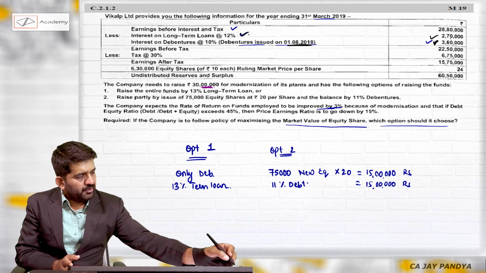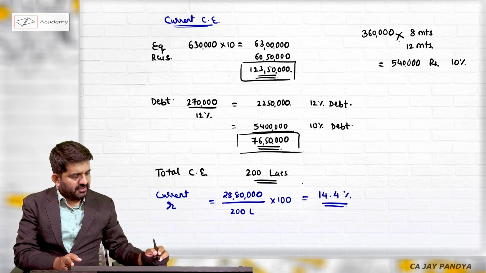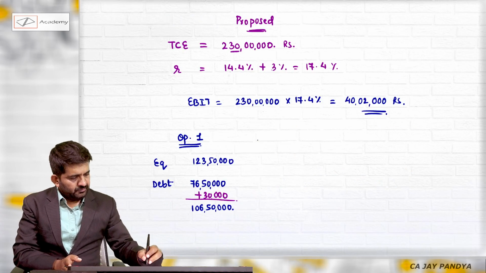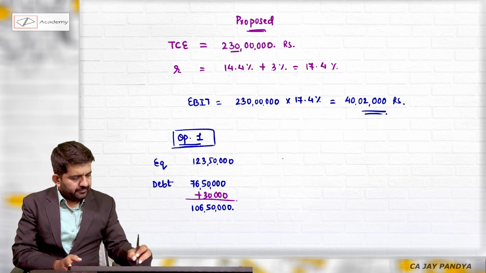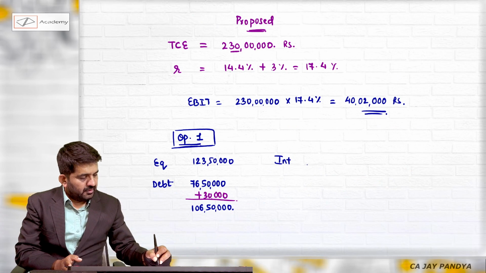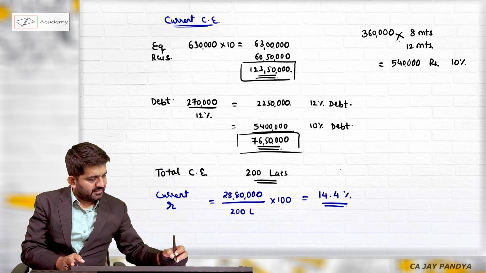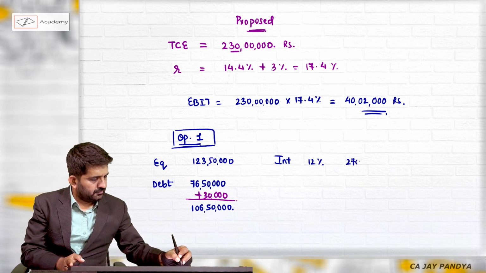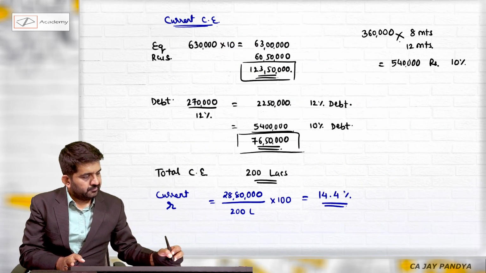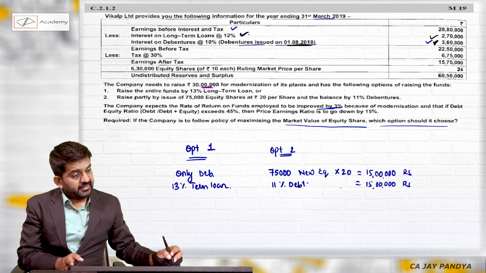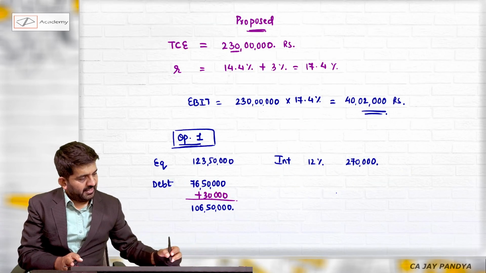So I am going to pay interest of this 2,70,000. I'm still in option number 1. Interest on that 12% loan is 2,70,000. In 10% loan, 5,40,000.